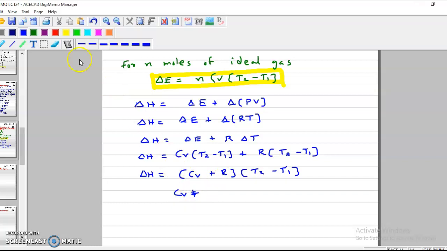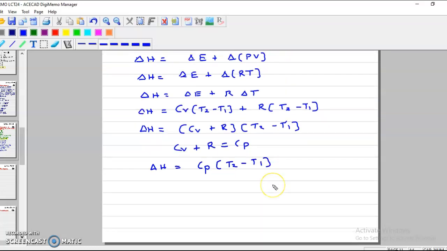and CV plus R is equal to CP. Therefore, another formula is coming, delta H is equal to CP into (T2 minus T1).